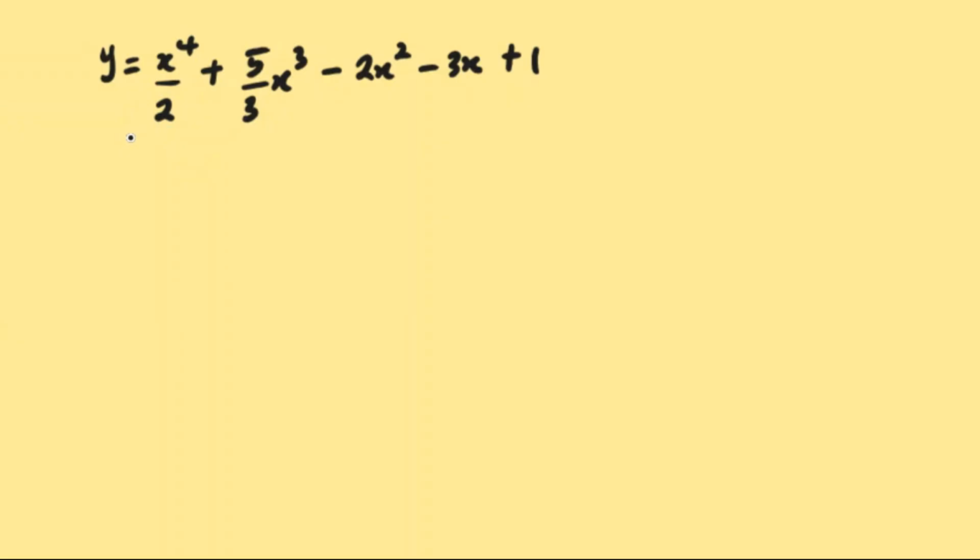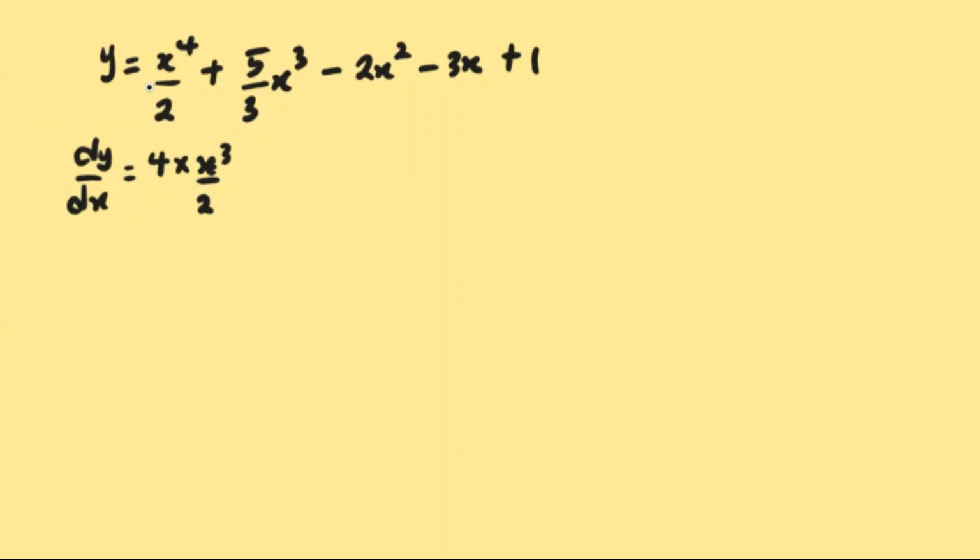Firstly, we know that at minimum points and at maximum points, our dy/dx will be equal to 0. So let's find the dy/dx. The dy/dx here is going to give us 4 multiplied by x raised to the power of 3 over 2. We are using the multiply-and-subtract method.